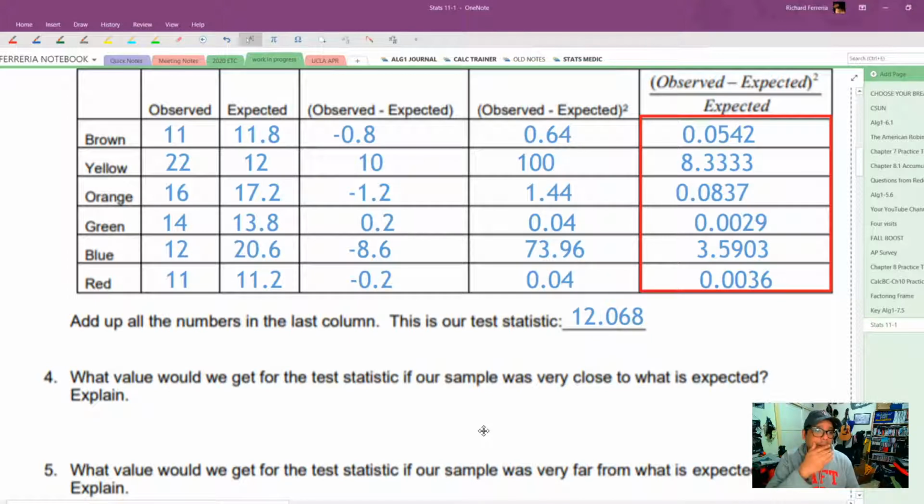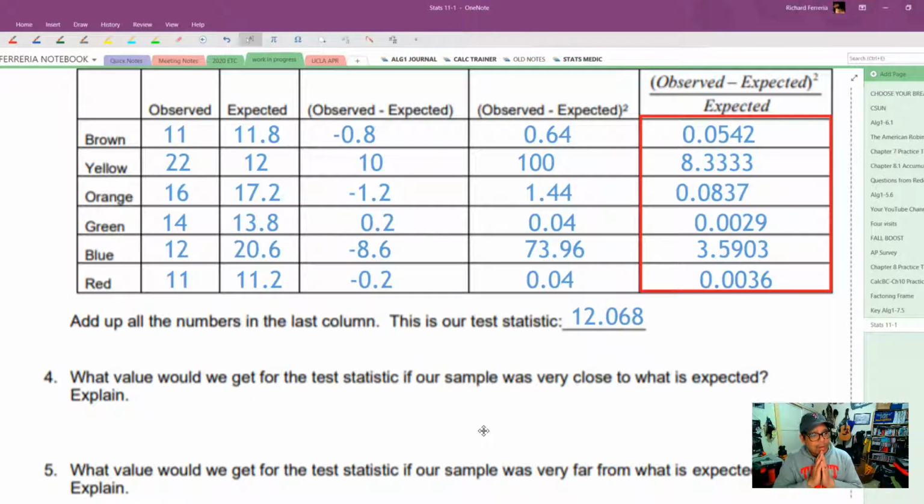We calculate our test statistic by, first, figuring out our expected values. Second, calculating observed minus expected. Third, squaring observed minus expected. And fourth, dividing all of those by the expected values, then adding them all together.